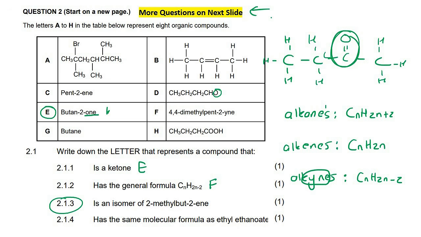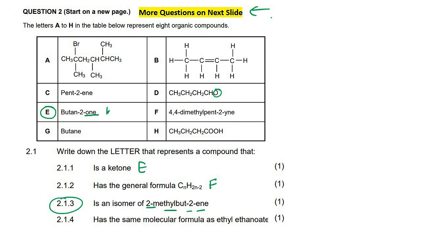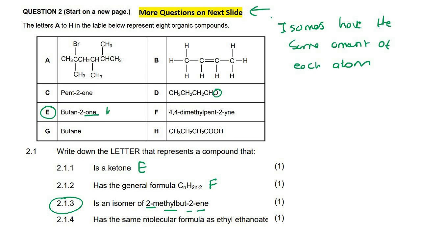This question says, is an isomer of 2-methylbut-2-ene? Okay, so let's talk about isomers. Isomers have the same amount of each atom, but the atoms are structurally arranged differently.